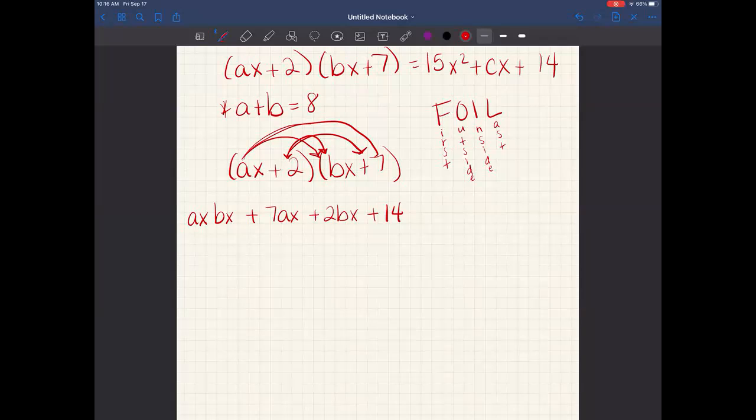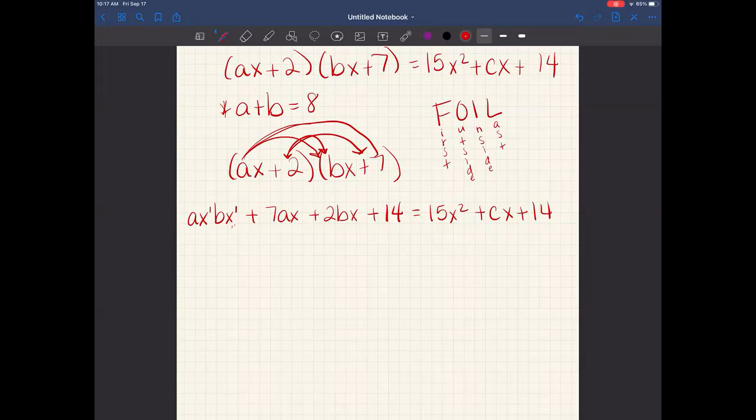Okay, so we have here now all this jumble equal to 15x squared plus cx plus 14. So now I'm going to kind of rework this, right? If I multiply two variables that really have an exponent of 1, what do I do?